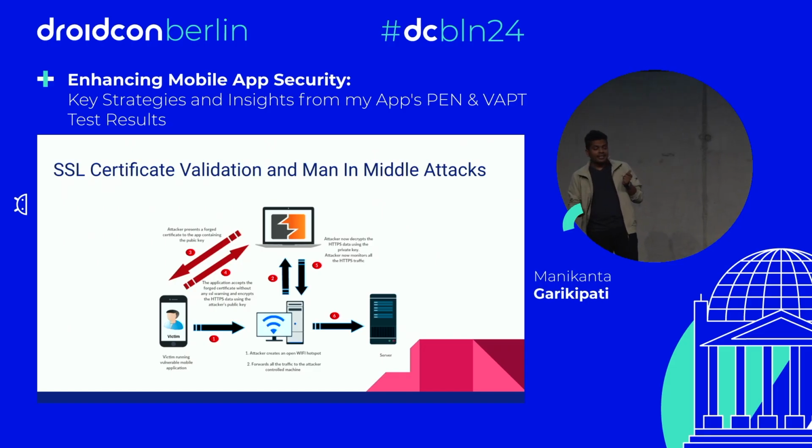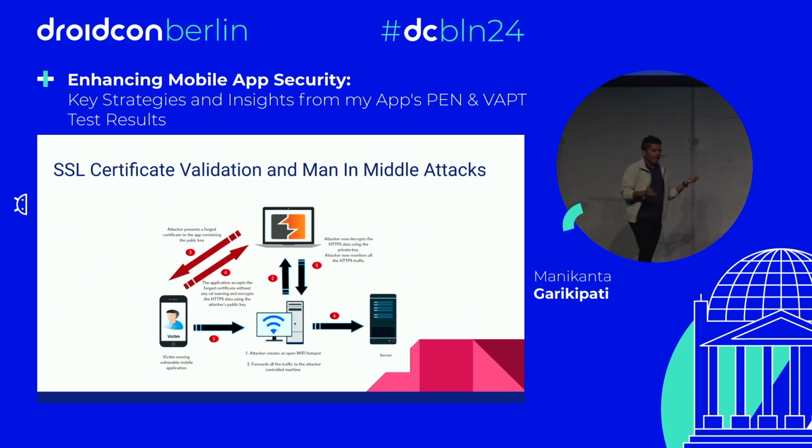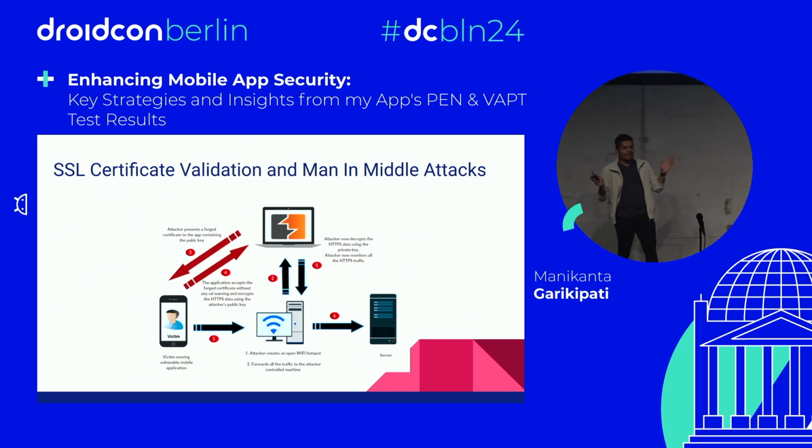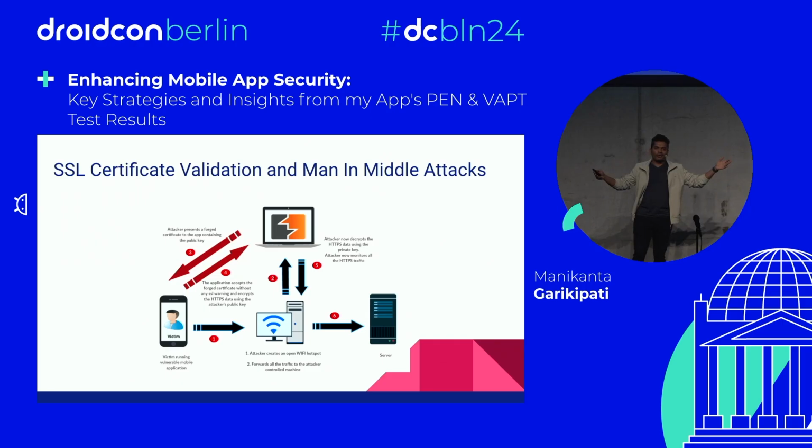In this case, imagine someone is in the middle. They could also create a self-signed certificate, and naturally it will be verified, right? So it says it is verified, and then the person in the middle could just keep deciphering. They sit in between the mobile device and the server. The mobile device thinks it is always talking to the public key of the server.